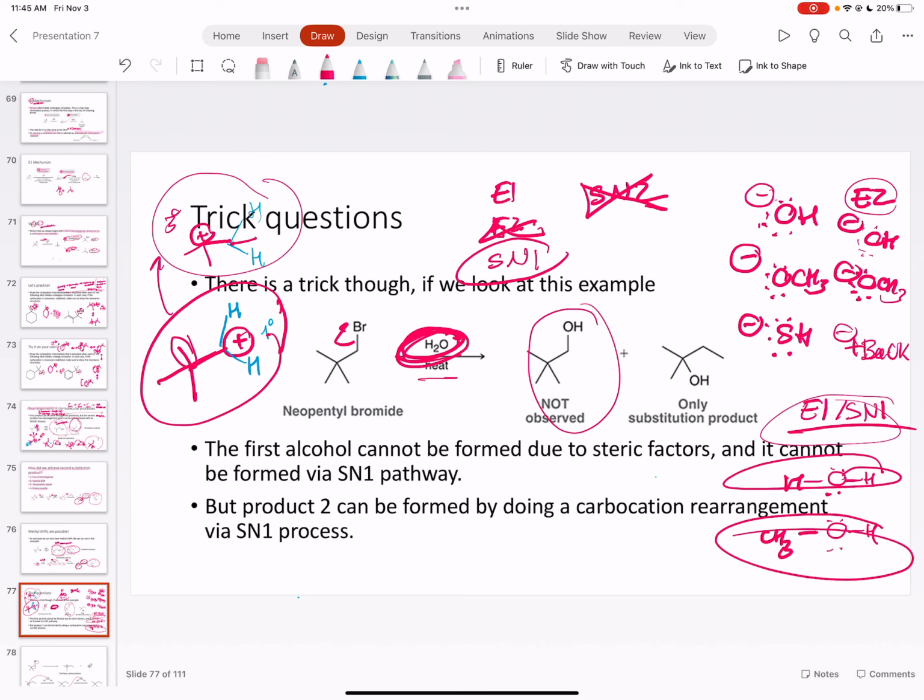Also because it's saying that it happens in heat. SN2s don't happen in heat, they happen at room temperature. And also because of steric factors, when it's really bulky like that, then technically SN2s cannot happen.